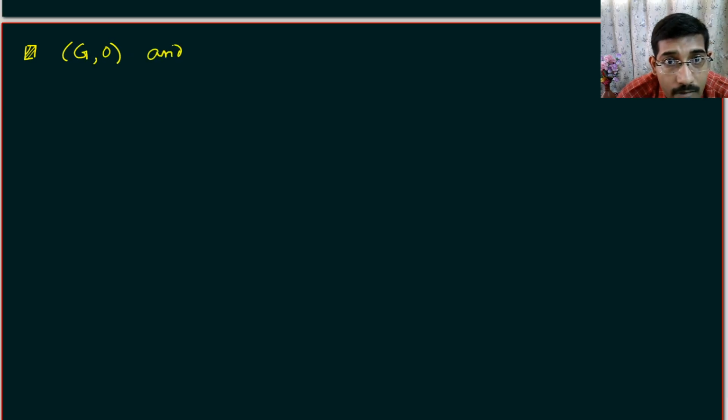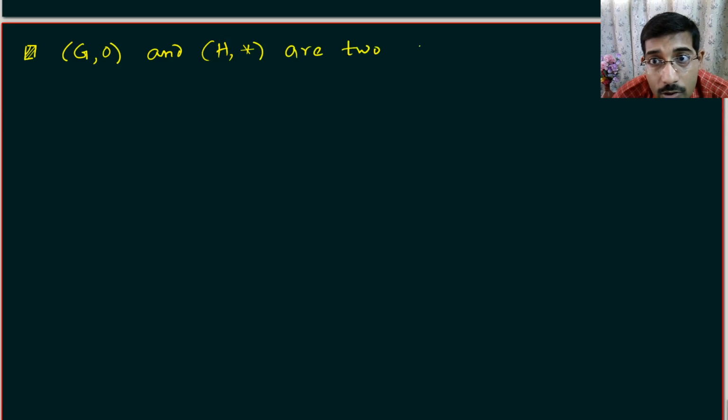As we have defined the Cartesian product over sets, over 2 groups we can define such an operation. So we call it the cross operation. This is a particular property or theorem. We can say that, let's say I have G with operation O and H with operation star, which are 2 groups.